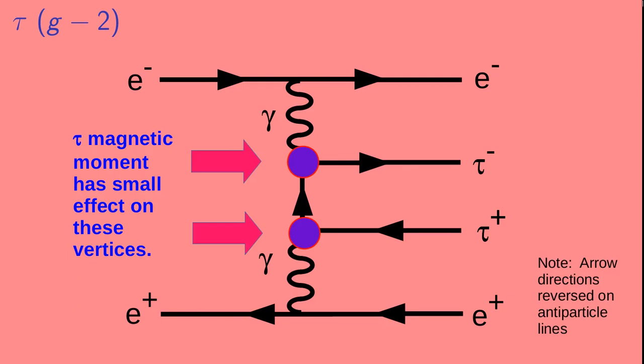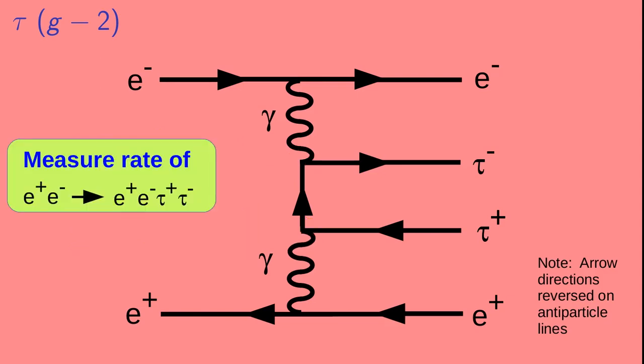Now the tau magnetic moment, and therefore g-2 of the tau, has a small effect on these vertices where a photon interacts with a tau. This means that if you can measure the process e+ e- goes to e+ e- tau+ tau-, you can, in principle, measure g-2 of the tau.